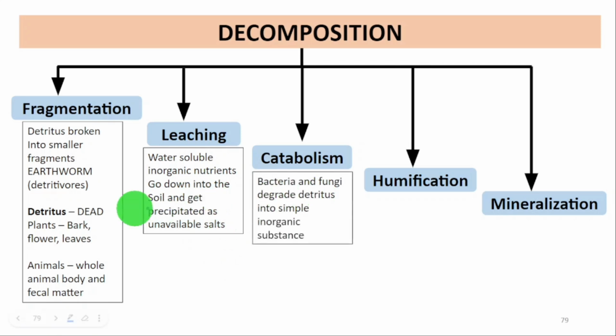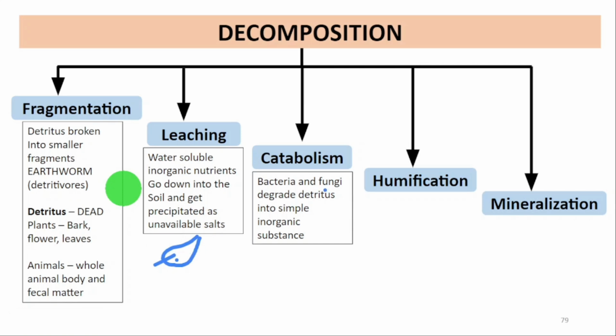Next, catabolism. So fragmentation, don't think that this is the third step. Catabolism and fragmentation start happening simultaneously. Leaching also happens simultaneously. So if this is a dead material, supposing a dead leaf, it will have some inorganic ions also. There is a layer of bacteria and fungi also. So earthworm is attacking it, chewing it.